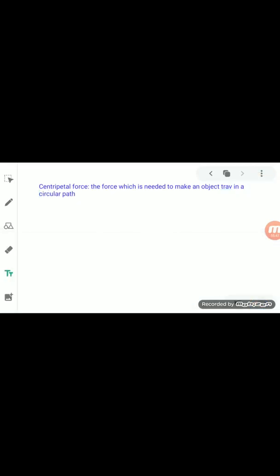Okay, so this is a centripetal force. So we can say, when a body is moving along a circular path, a force starts acting on it, and that force is known as a centripetal force.